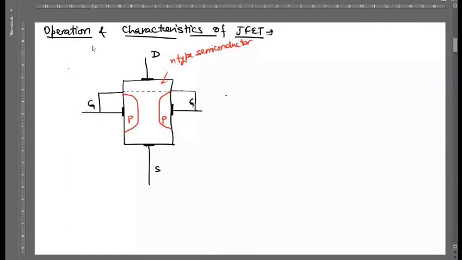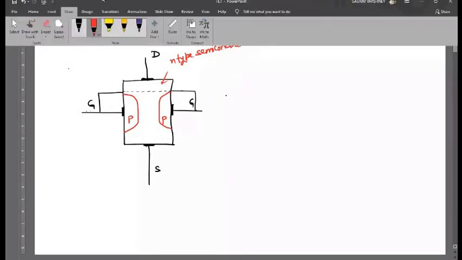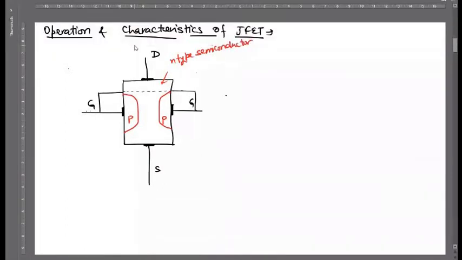These diffusions start behaving as the gate. I hope you understood from the concept of the diode how the p-n junction diode is formed. In a similar manner, we take an n-type semiconductor, we make two p-type diffusions at different sides, and these diffusions behave as the gate, and this is the n-type channel. Specifically, this is called the channel. Fine, the remaining region.